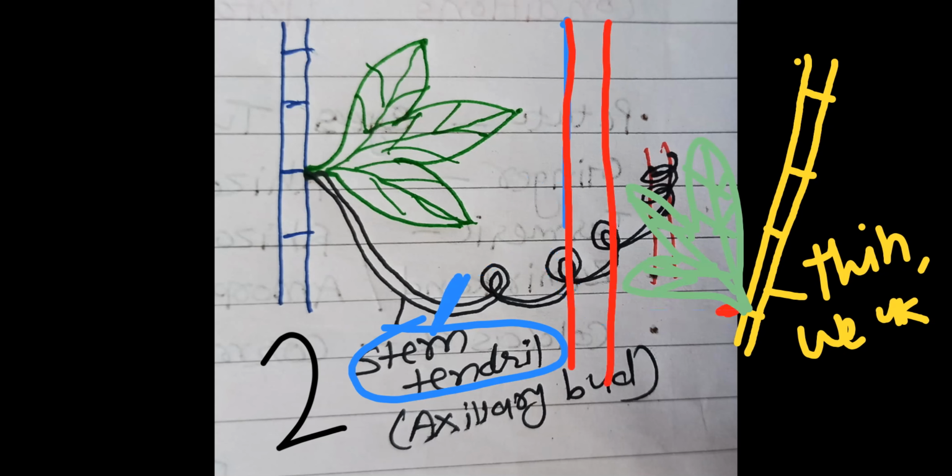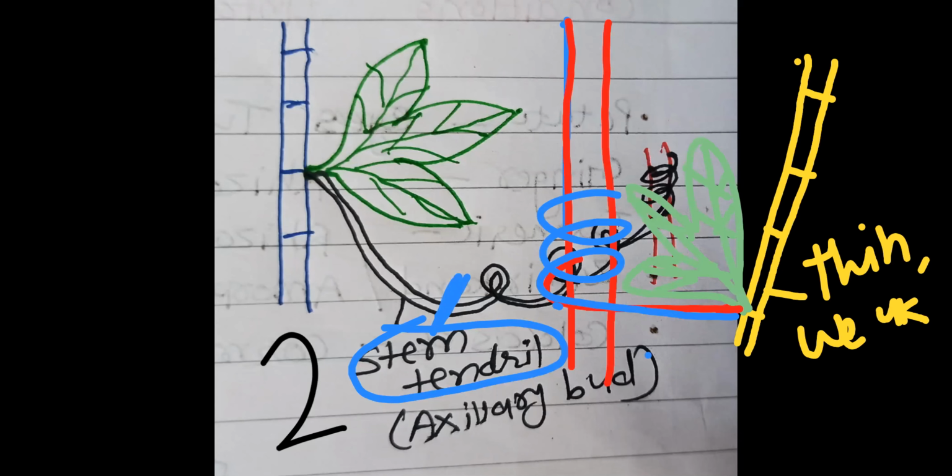This tendril twines around the supporting plant, or any other thing, which helps this thin and weak stem to remain erect. This is necessary to get sufficient sunlight, perform photosynthesis and prepare their own food. That's why this type of structure is formed in some plants.